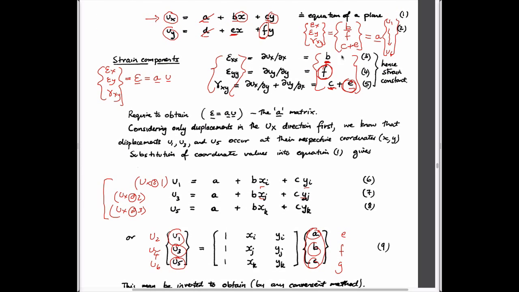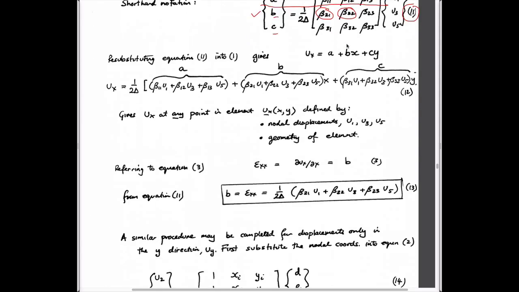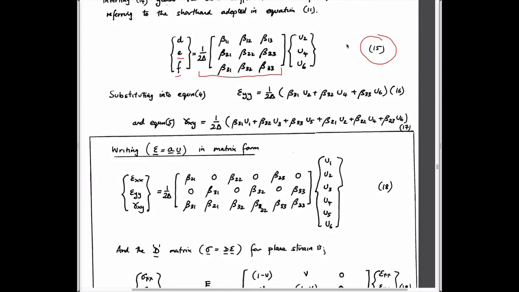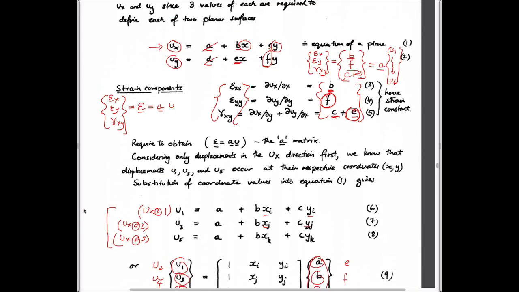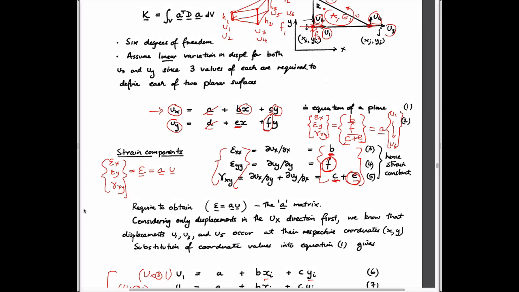So B and C, E and F. And now all we need to do is to populate this. So this is the same as, what was it? This was B, this was C, this was E plus F, I think. Let me check, just in case it's not. No, it's not. This is F and this is C.